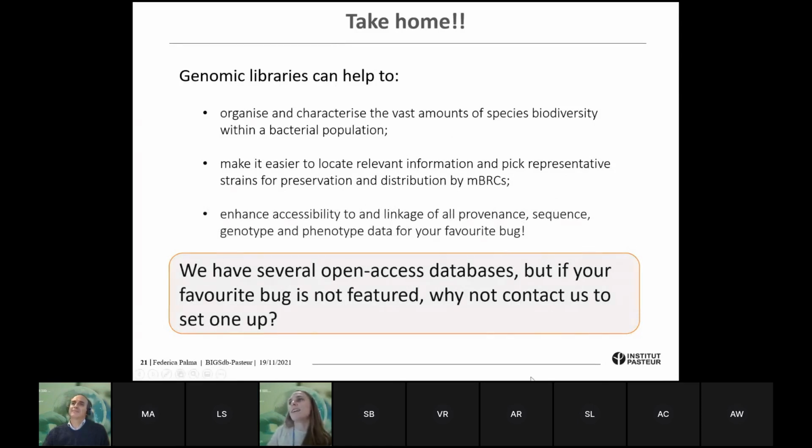So really to conclude, you will understand that we have several open access databases, and if your favorite bug is not featured, you can contact us and we can discuss setting up one dedicated database for you.